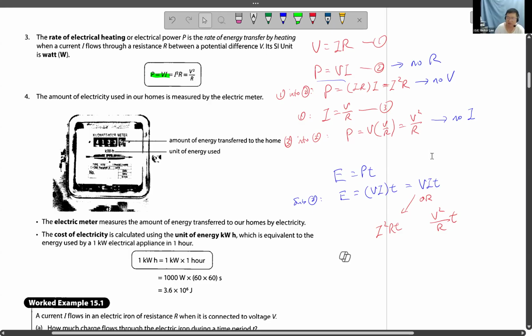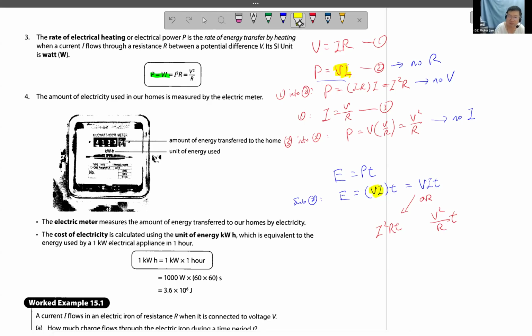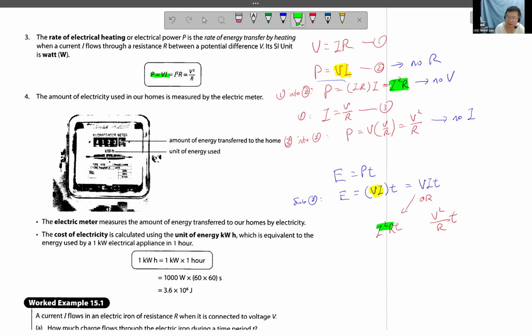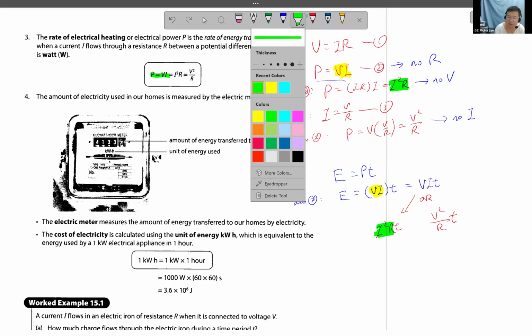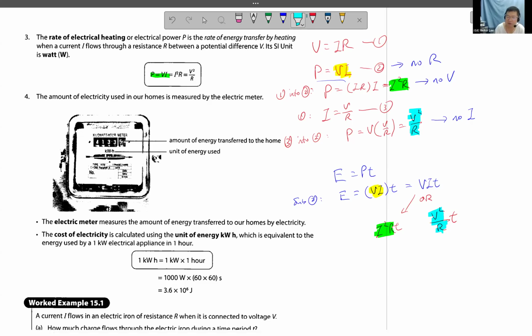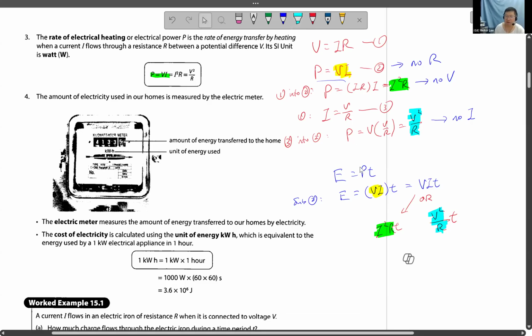All these are here. Okay, look at this, I highlight for you. This first one is no V. See that? It can be here. Or I use a green color to show you. This one is I square R. So it's I square R. You see that? And blue color is, let's say, V square over R. Do you realize it's all about power times time?